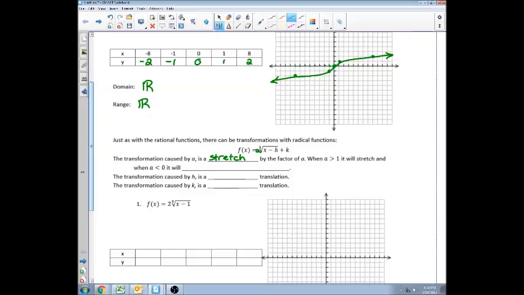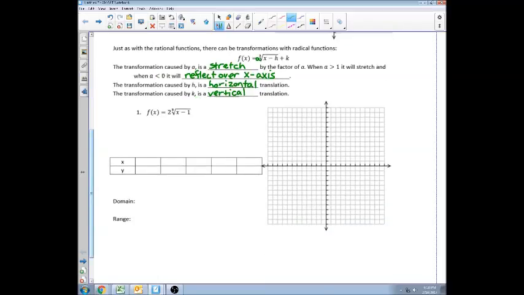When a is greater than 1, it will stretch, and when a is less than 0, it will reflect over the x-axis. Okay? The transformation caused by h is a horizontal translation, and the translation caused by k is a vertical translation, exactly the same as what we saw with the square root functions.